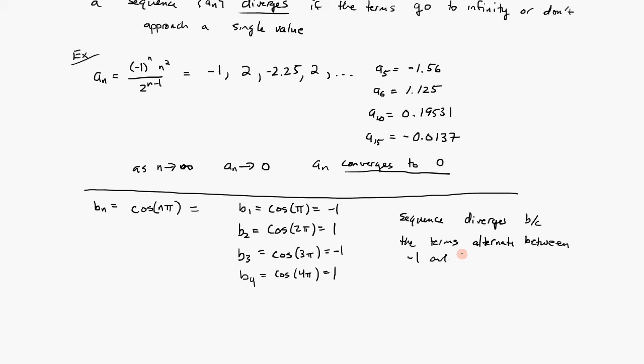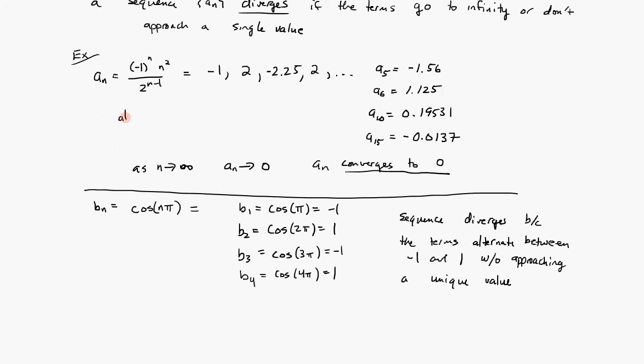Again, it's alternating between -1 and 1 without approaching a unique value. Both of these examples are alternating sequences because they alternate between negative and positive.